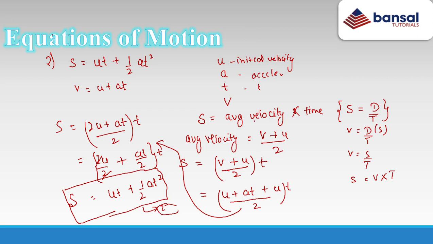Keeping that value over here, we get v plus u upon 2 into t, and from the first equation of motion, v equal to u plus at, we substitute this value and convert in terms of u. So u plus at plus u upon 2. So what will this become? 2u plus at by 2. After mathematical calculations we get ut plus half at square. So this is your second equation of motion.